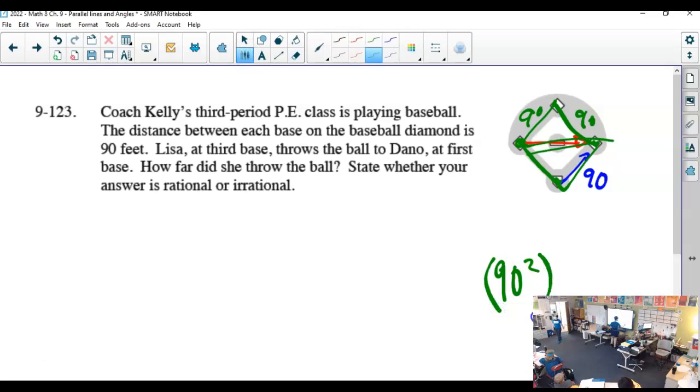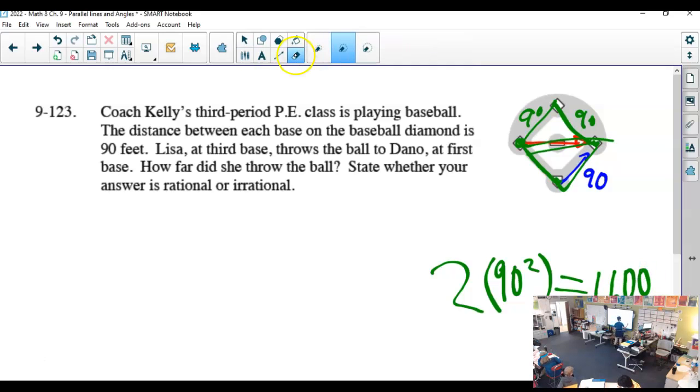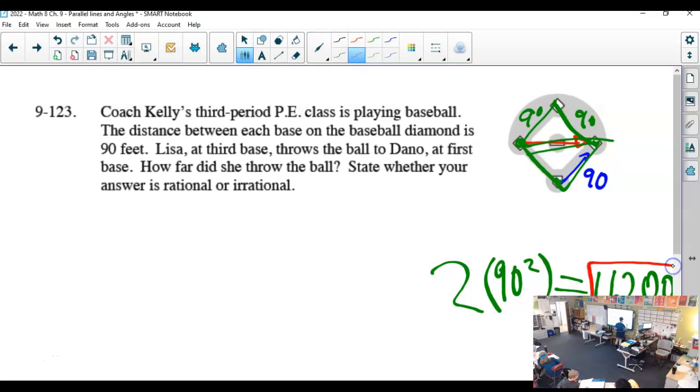That's 16,200. And then you square root that. Then 90 plus 90 is 180. Square root it. And that is 127.27.